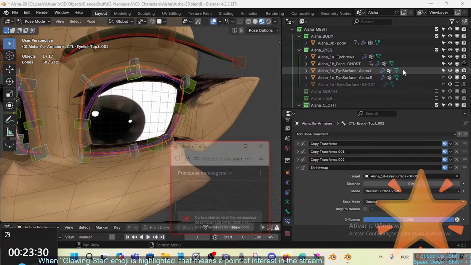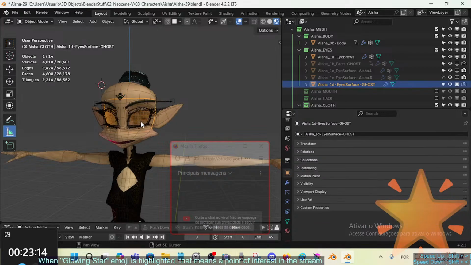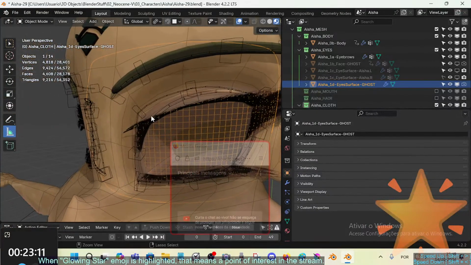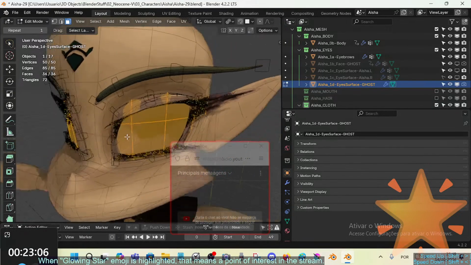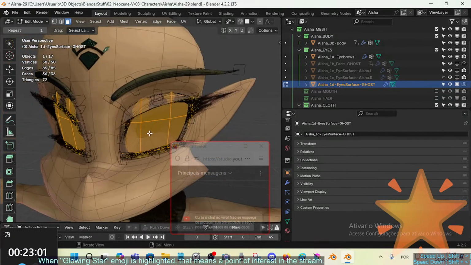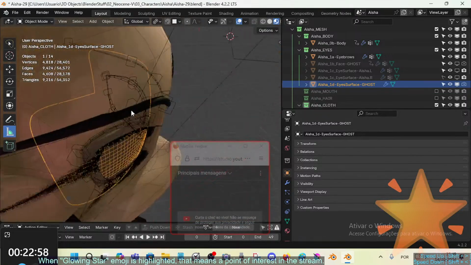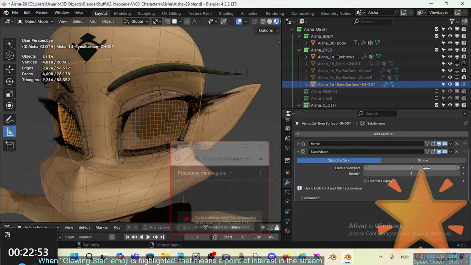Alright, so what happens is that here, note that this target is not the same target as the eye. This would be eye surface ghost, which is here. It is a mesh that is this one. And so why do I need to have a double mesh like that? Exactly, I've just duplicated one, symmetrized, mirrored, applied, and then placed it and connected the mesh, and augmented the subdivisions there by a lot.